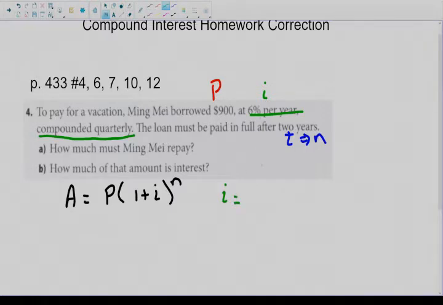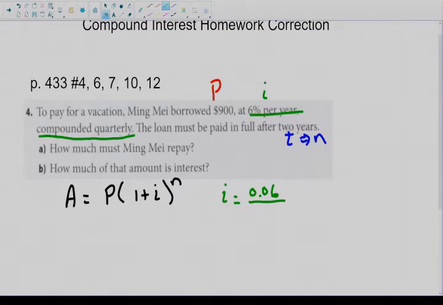So our I is 6%, which I'm going to start directly converting into decimals at this point because we've seen how to do this many times. And we have to divide by our compounding frequency. And I'm going to repeat this again. Why are we dividing by our compounding frequency? Because this is 6% per year. So at the end of the year, the percentage is going to be 6%.